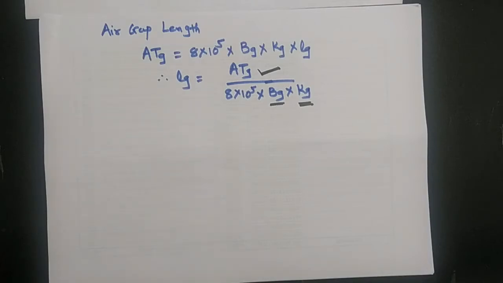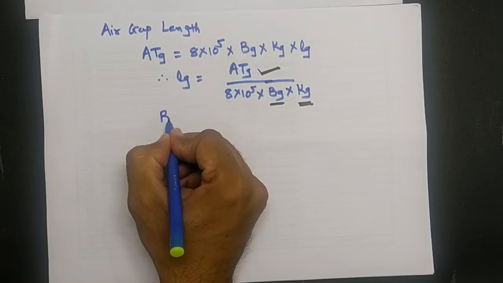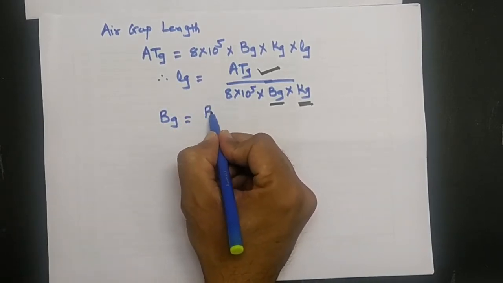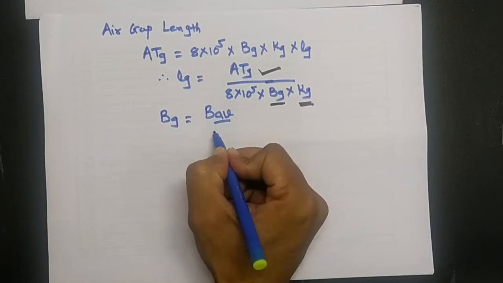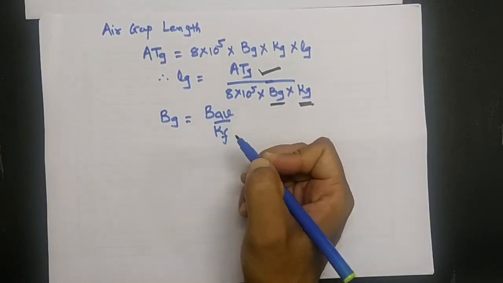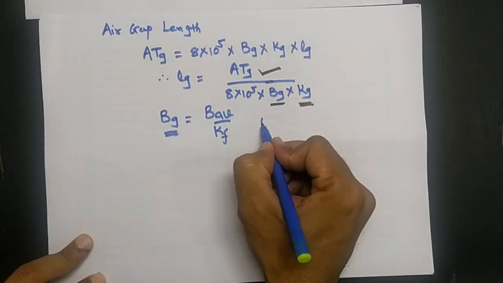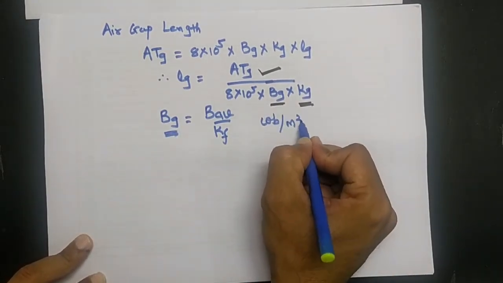So first we try to find Bg. For the gap flux density, we have the equation: average flux density divided by field form factor gives Bg, the gap flux density, normally in Weber per meter square.